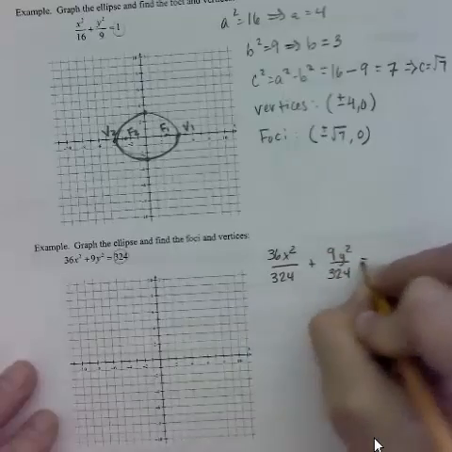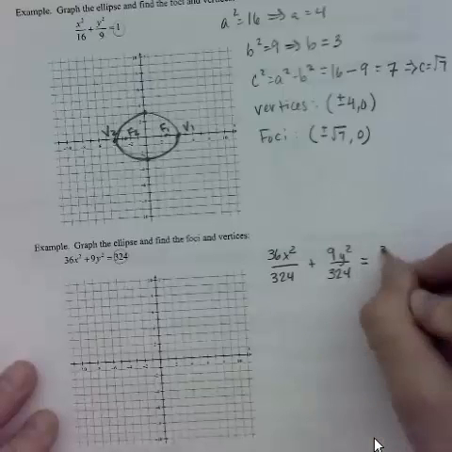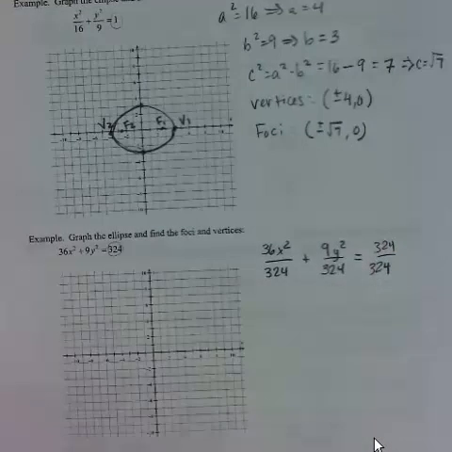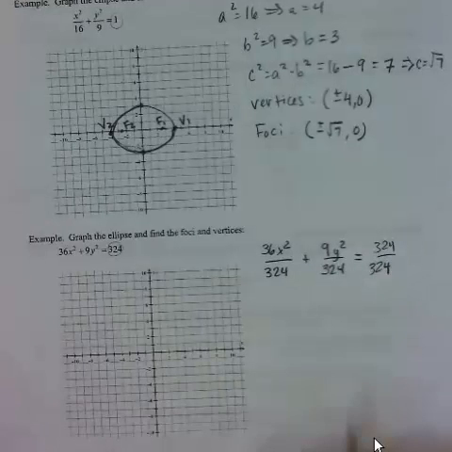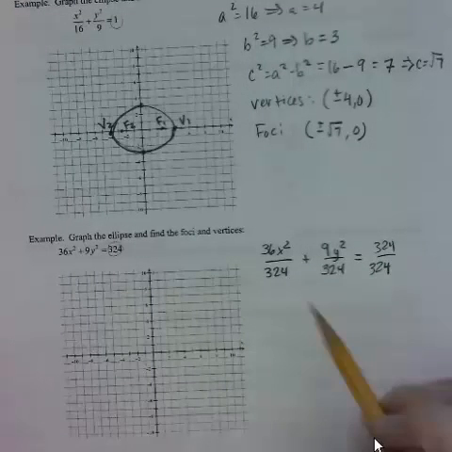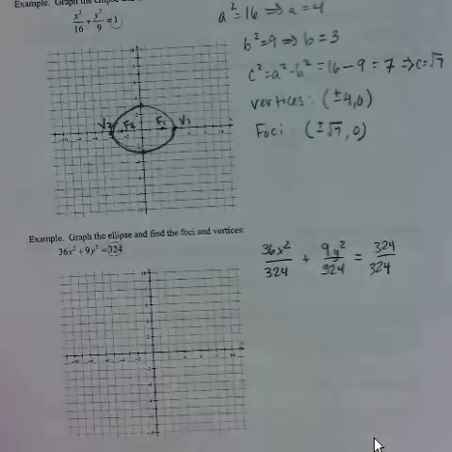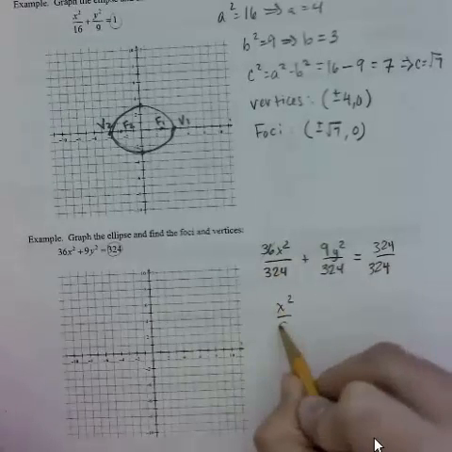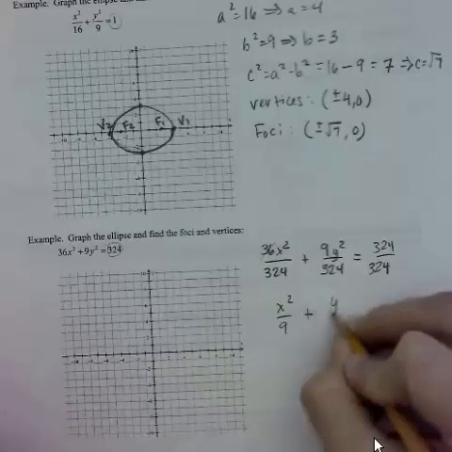And of course 324 over 324 is 1. And 36 times 9 is 324. So these cancel. You get x squared over 9 plus y squared over 36 equals 1.